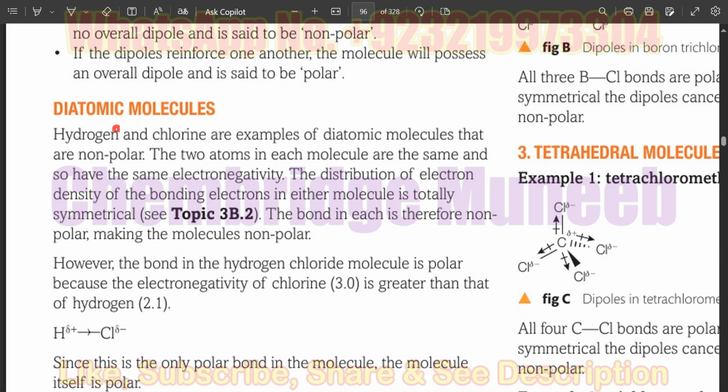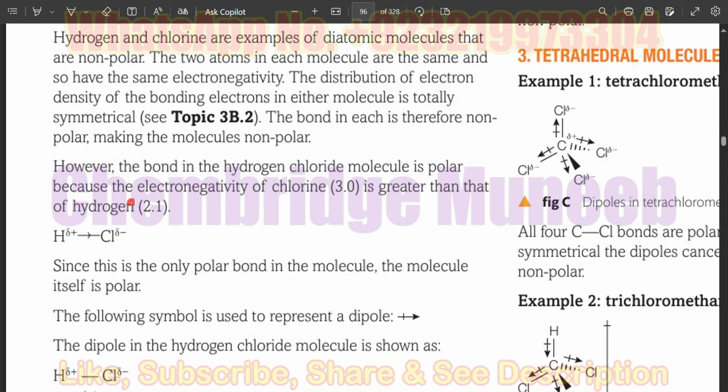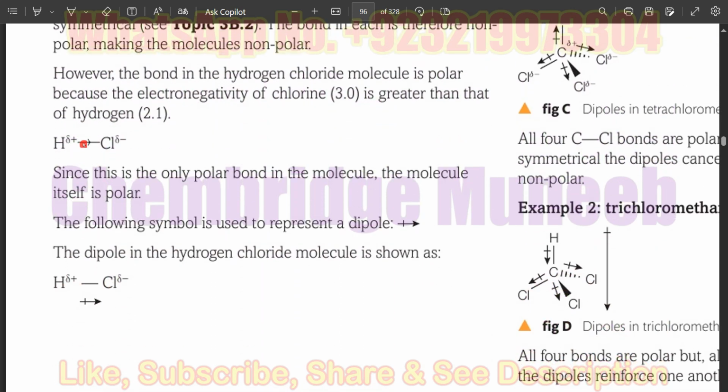Yeah, it's clear. Now we take the example of diatomic molecules. Diatomic molecules means such molecules in which there are just two atoms. Let's see. Here it is HCl. The electronegative value of chlorine is 3.0 and that of hydrogen is 2.1.